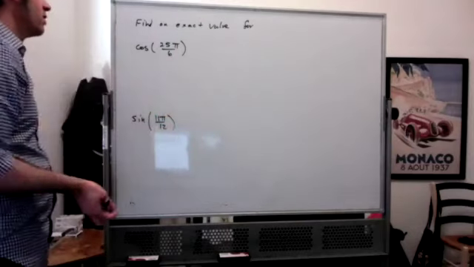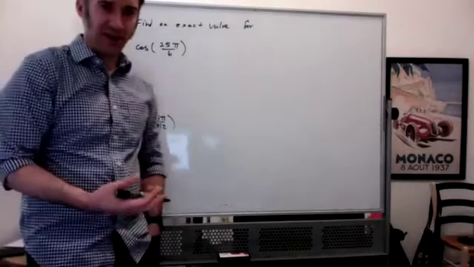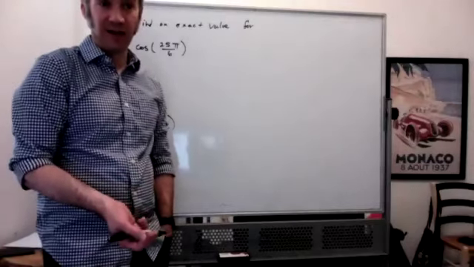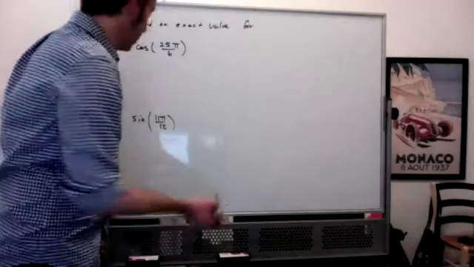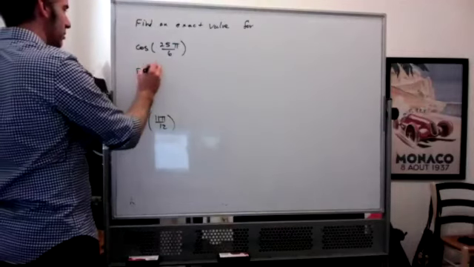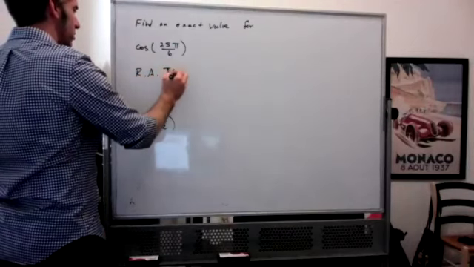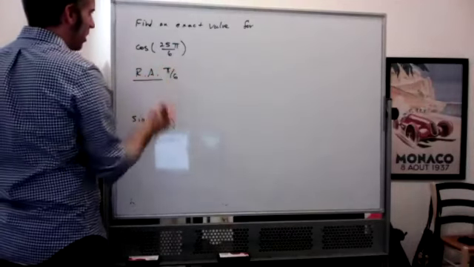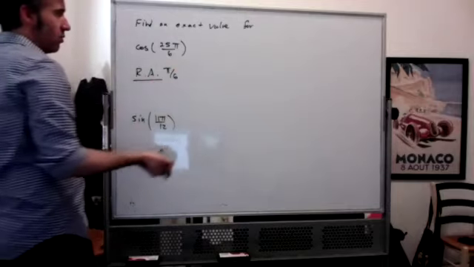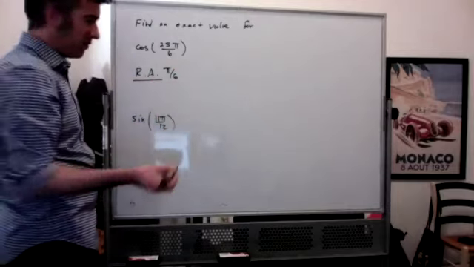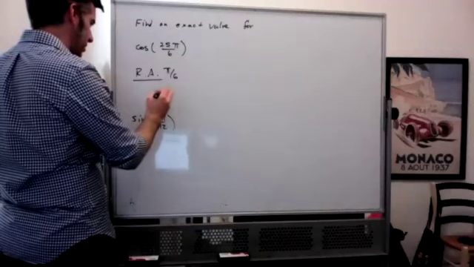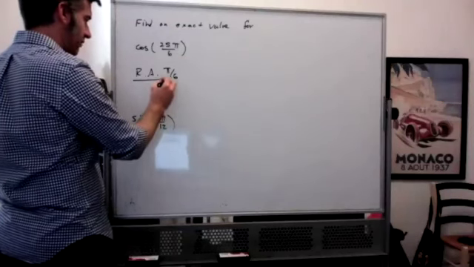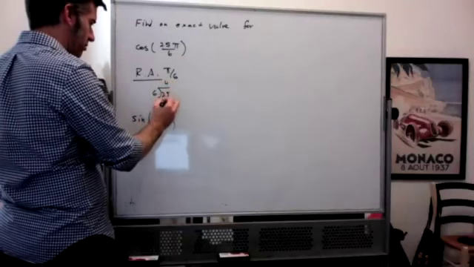Okay. 25 pi over 6 is one of our kind of typical angles, right? We recognize it as having a reference angle of pi over 6. If I do 25 divided by 6, that's going to be 4 with a remainder of 1.